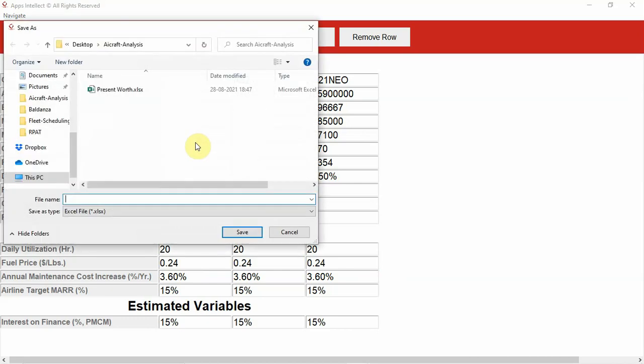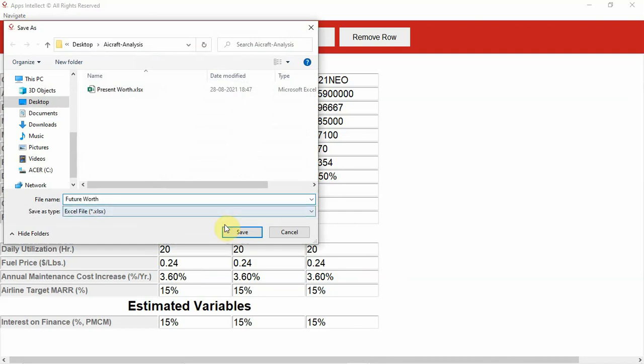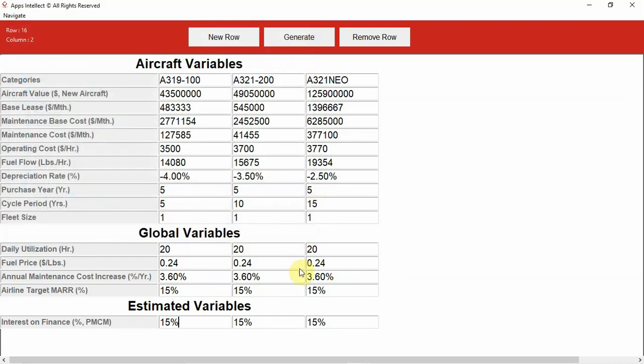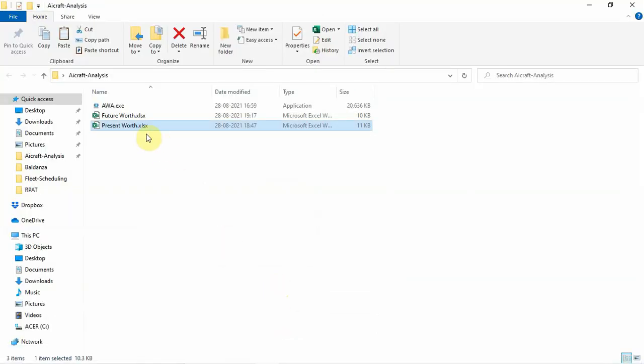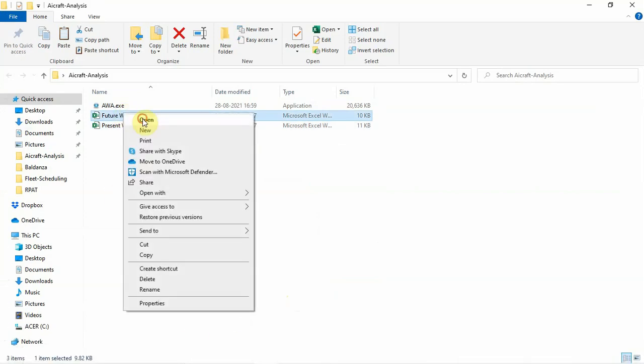So now what we do is we can just generate a report stating that it is future worth, and we'll save it in the same place where we saved the present worth application report. And now we'll open this and have a detailed look.